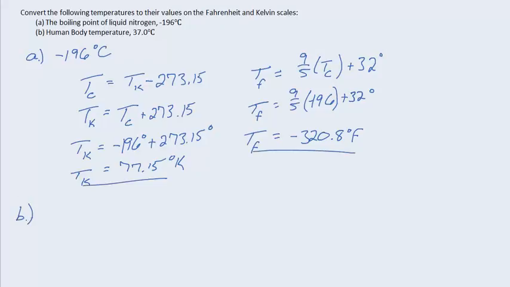And then in part B, we're asked to convert the human body temperature of 37 degrees Celsius into Fahrenheit and Kelvin scales.